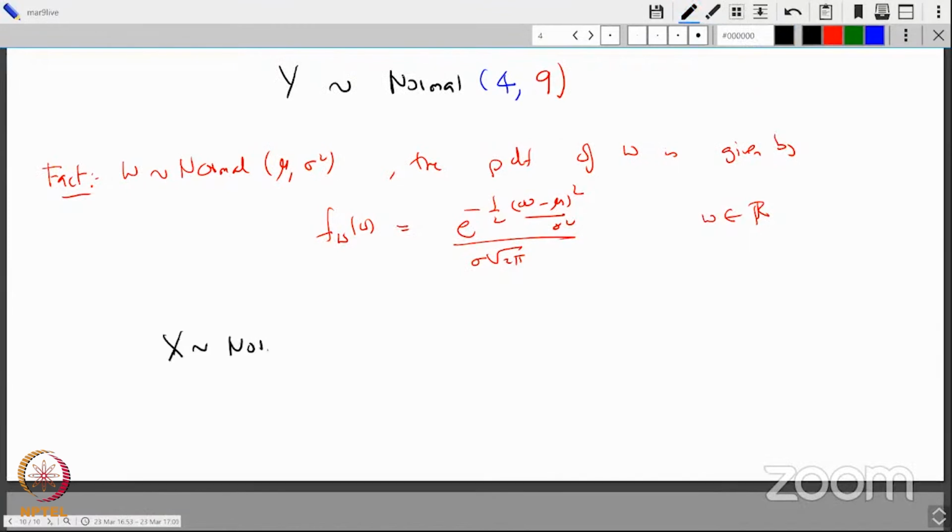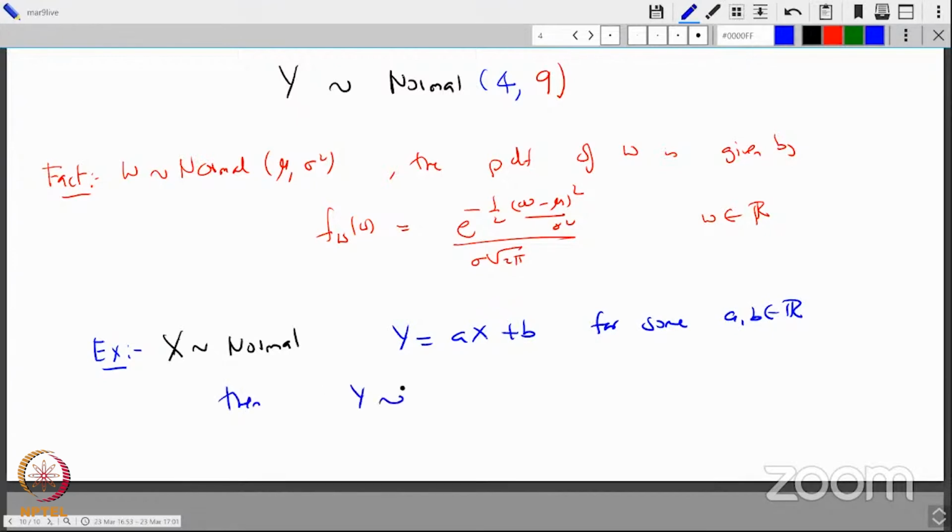Now if x is normal 0, 1, this is something you can do as an easy exercise. If y is equal to, let's say, ax plus b for some real a, b, then can someone on chat tell me what the distribution of y will be?